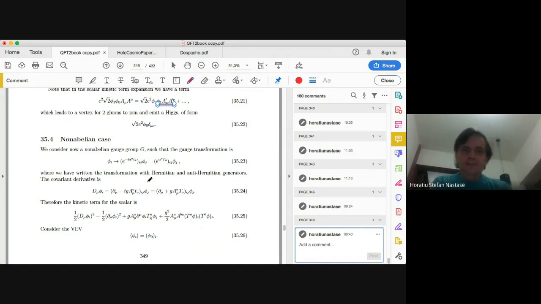And then the covariant derivative is written as either d mu minus i g A mu a little t a, or d mu plus g A mu a capital T a.